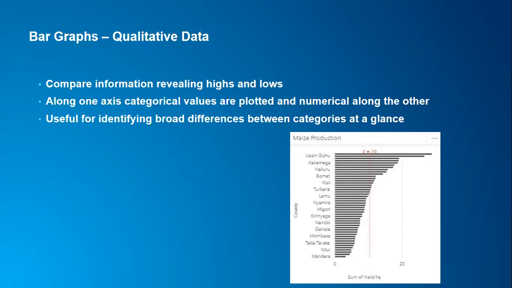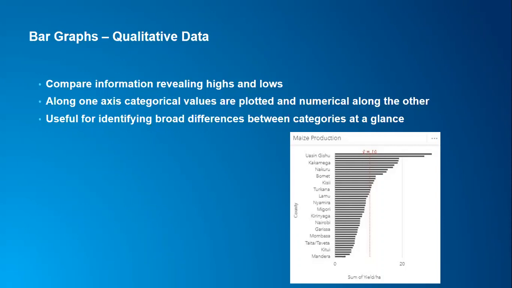Categorical values are nominal values that we cannot quantify, things like counties, states, words, countries. So as we go on, when I use categorical values, that's ideally what I mean.